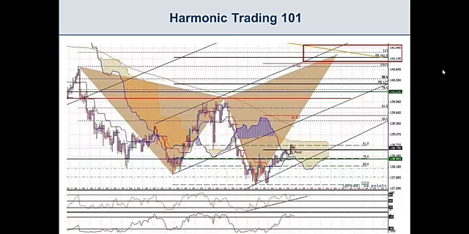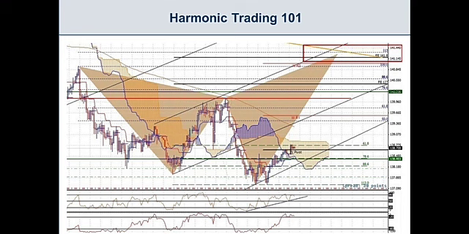Now here's an example of one of my charts. There's a lot of things going on in this chart, but the thing I want you to notice is this butterfly-like pattern, okay? And this is what a harmonic pattern is. As you can see, we start with this high and we go to this low, and we have a Fibonacci ratio hit at this low. Then we have a retracement and we have a Fibonacci ratio hit at this retracement.